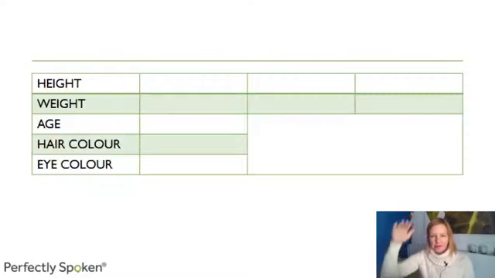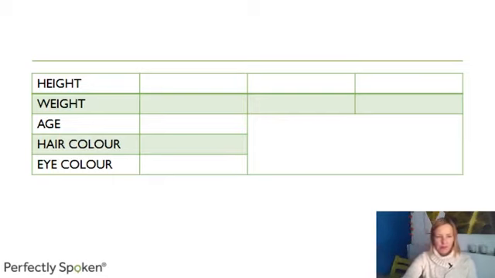I am going to describe my mother, and you have to collect information about her height, her weight, her age, her hair colour, and her eye colour. Just to show you quickly, we've got height, so how tall she is, weight, age, hair colour, and eye colour. Okay, so are you ready? Yes? Let's begin then.